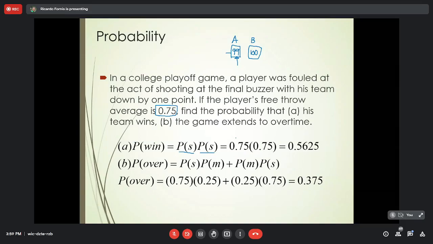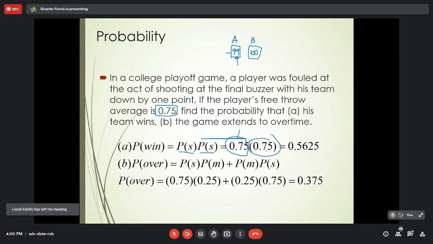So you would say 0.75 times 0.75, because the probability that the player will shoot the ball is 0.75. That's 0.5625. In fraction, that's equivalent to 9 over 16. That's okay, no? 9 over 16.